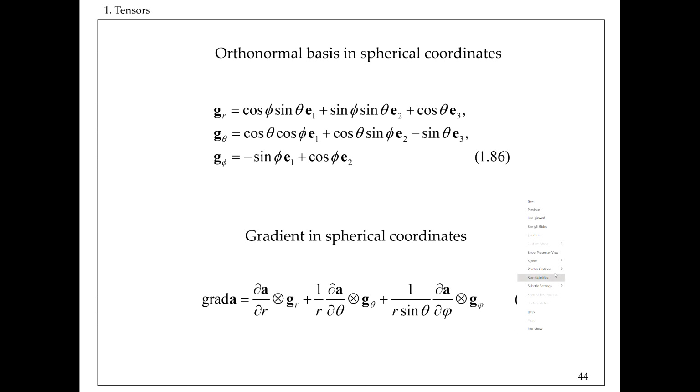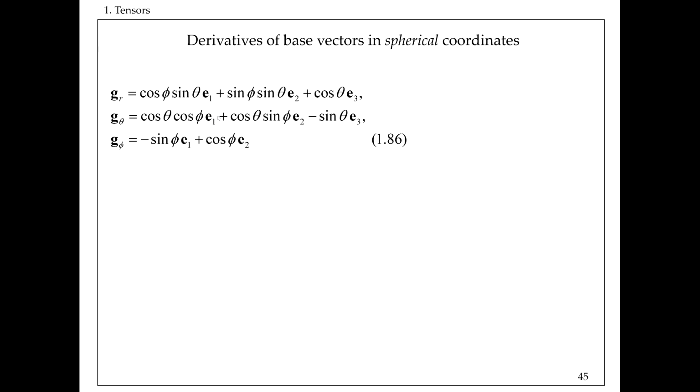And so once again we'll look into the derivative of the basis vectors in the spherical coordinate system. They will not necessarily be zero. That's again a difference with the Cartesian coordinate system, but also a difference with the cylindrical coordinate system.